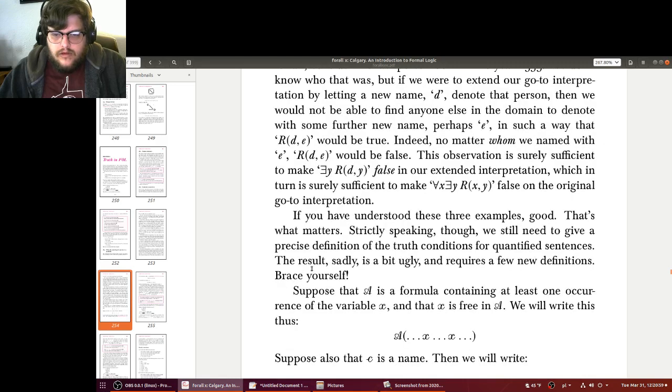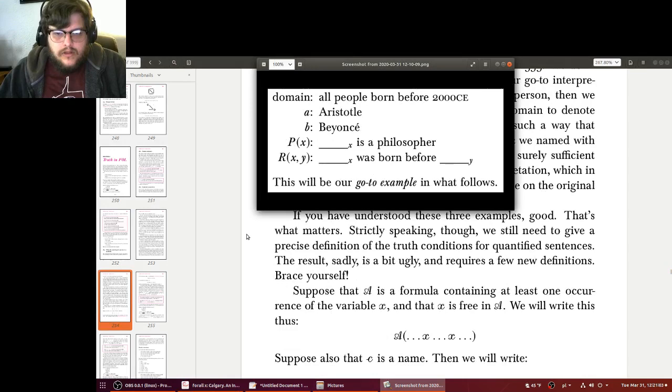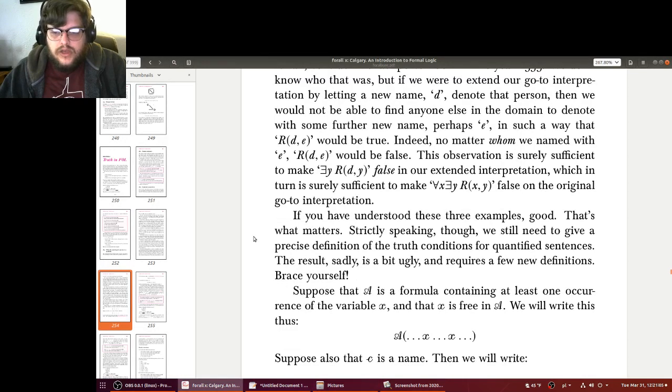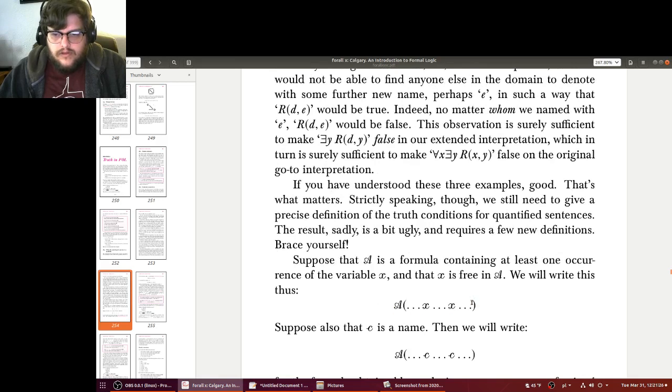So they say, okay, we need to give a precise definition. Now, in every logic class, this ends up being somewhat ugly, okay? And this one is no different, and they even say this here. So let's just look at what they define. They say, if A is a formula, and x is a variable, and x is free in A, they're going to write this in that situation.